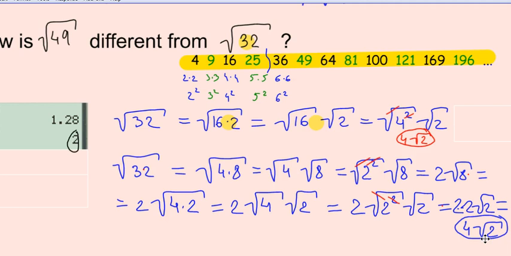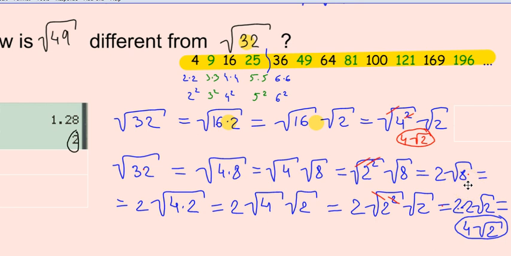So the bottom line of this example is, it is very important that in the very beginning you break your radicand into a product of the greatest possible perfect square number. Not just any perfect square number like in our second situation. The reason for that is that we don't want to be stuck with a half-done answer.